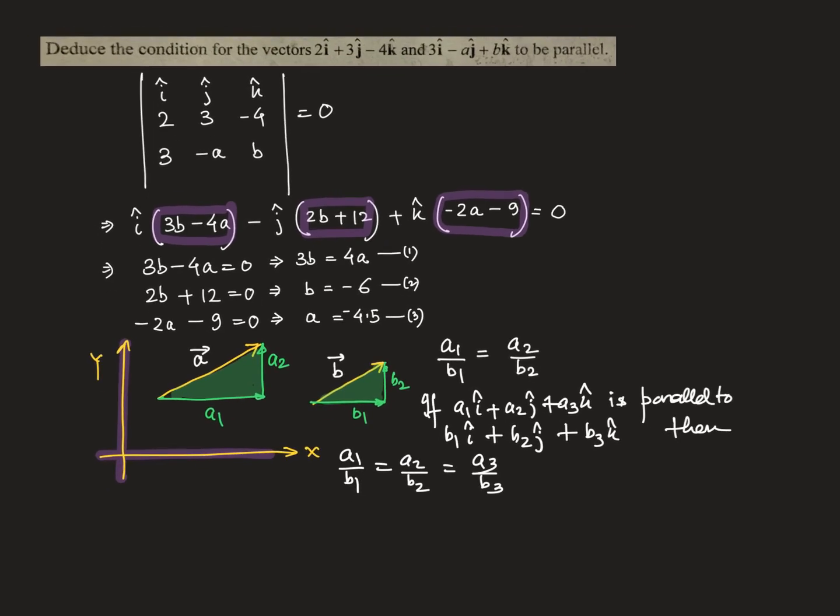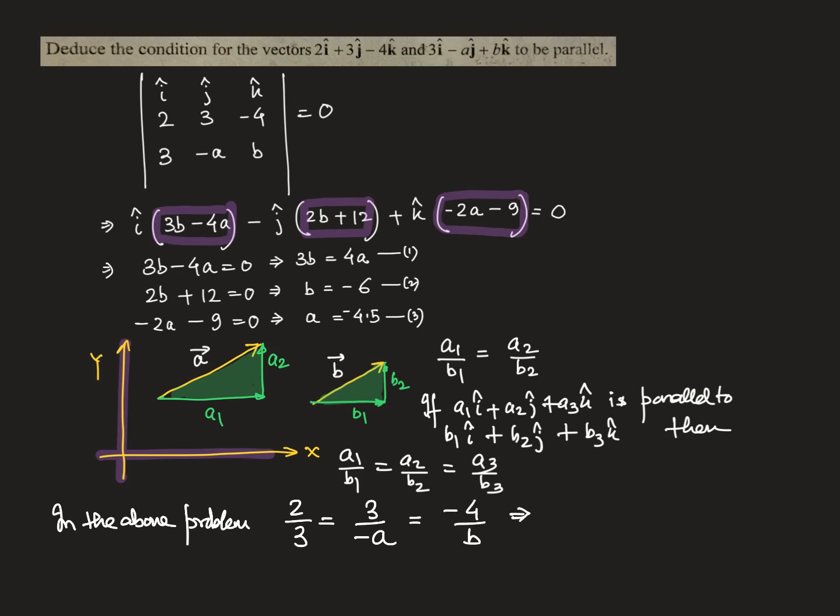So in the above problem, we can equate the ratio of the coefficients: 2 by 3 is equal to 3 by minus a is equal to minus 4 by b.